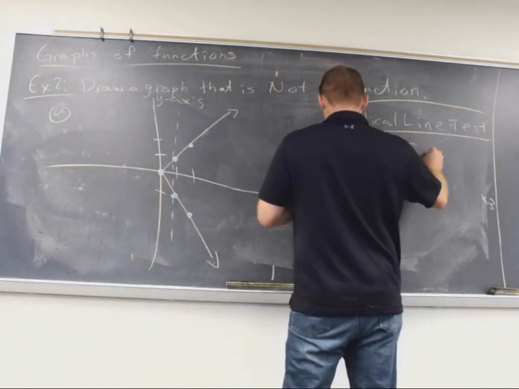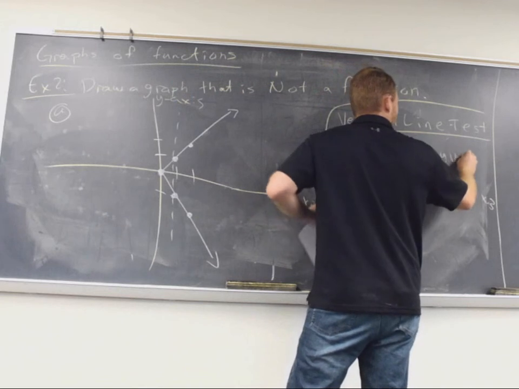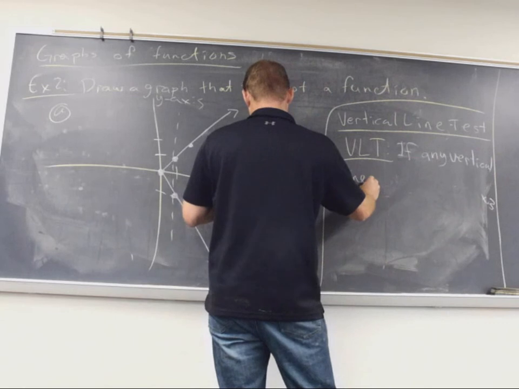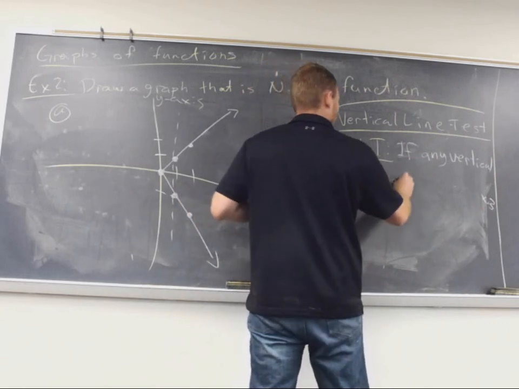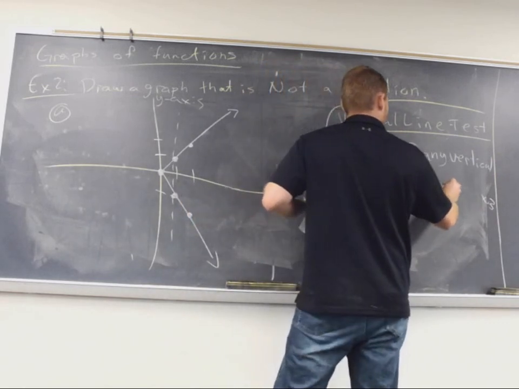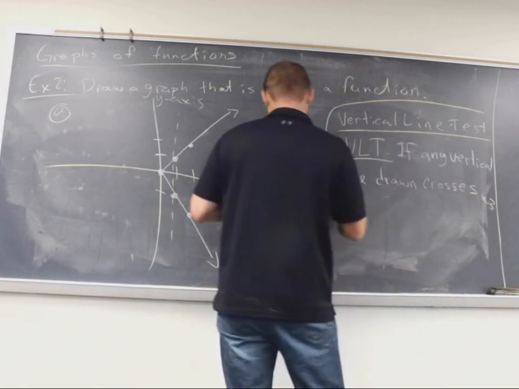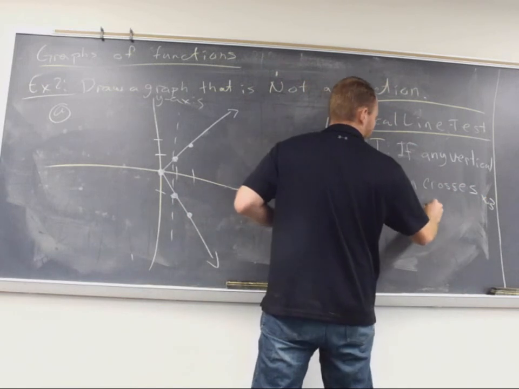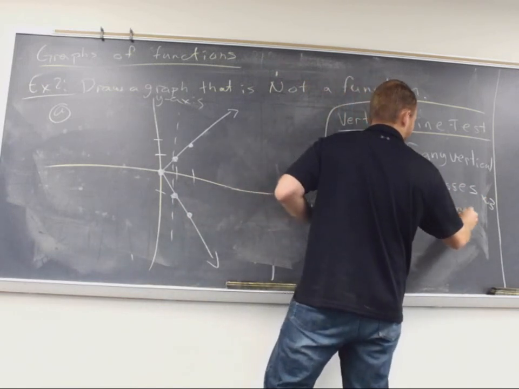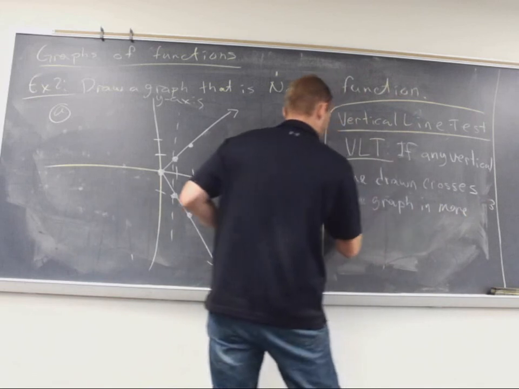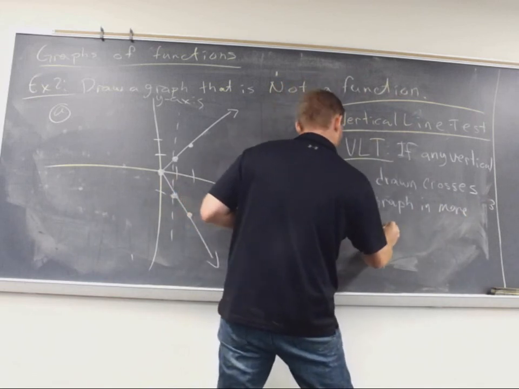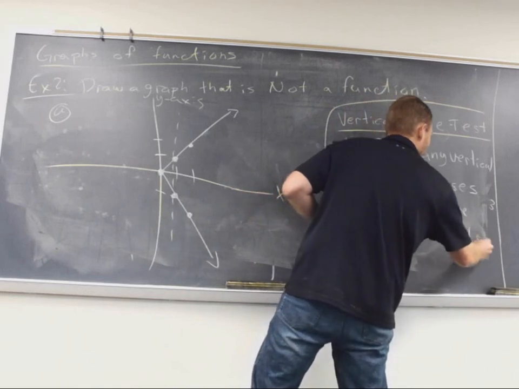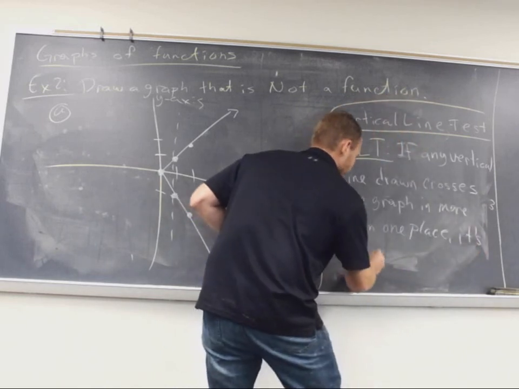If any vertical line drawn crosses the graph in more than one place, it's not a function.